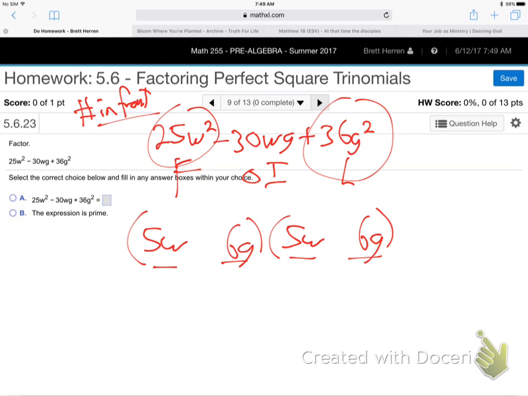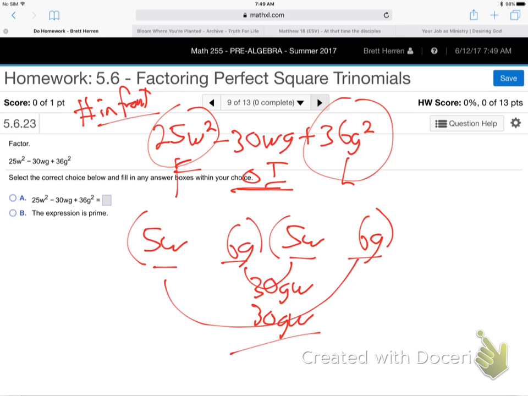Good. Now, how about the middle? The middle is the OI. Well, it's the 2 inner, the 2 outer, huh? What's the 2 inner make? 30gw or wg, whatever order, doesn't matter. And the 2 outer also make 30gw, right? 5 times 6.